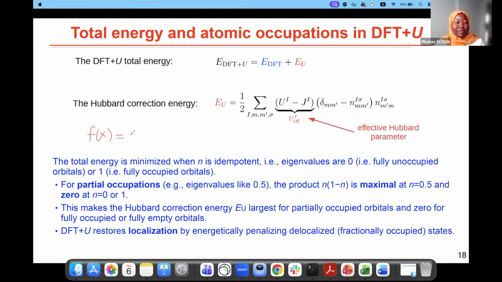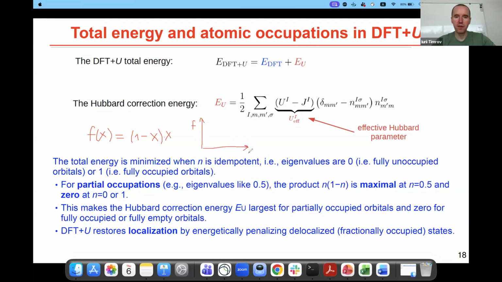And the function is 1 minus x multiplied by x. So this is a simple function, right? When you plot this function, f as a function of x, between 0 and 1, it will look something like this.